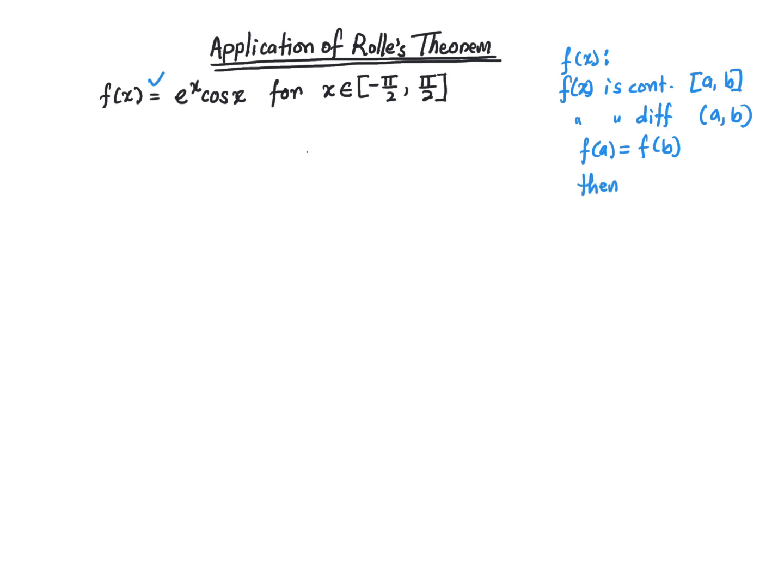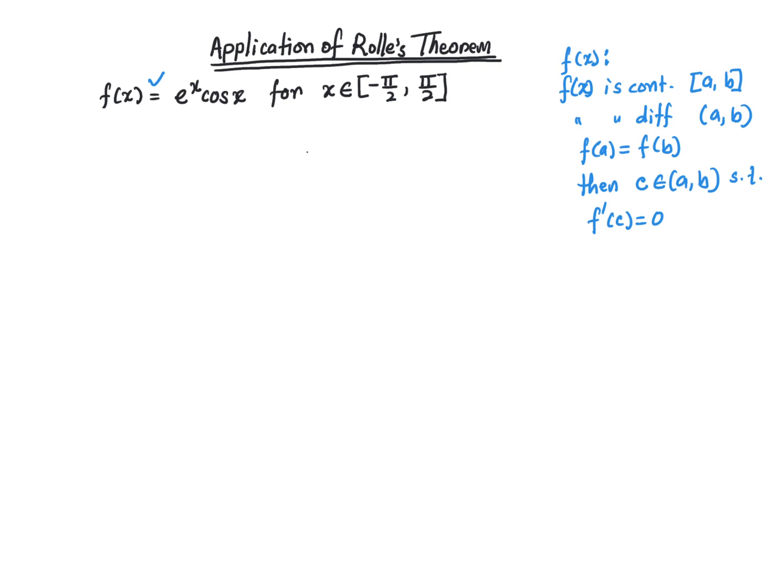Then there exists a C, an element of A comma B, a point in between A and B, such that f prime of C is equal to 0.